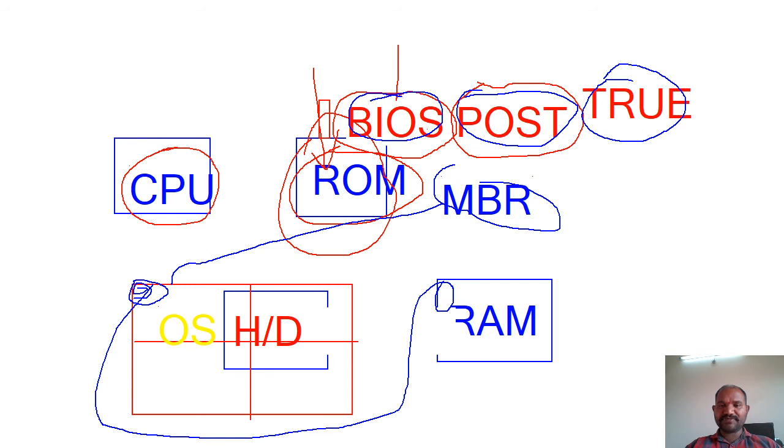Using this MBR, a part of the code is going to be dumped into the RAM. Inside this particular MBR, we have one thing called the bootloader, or simply the bootstrap loader, or the boot program.